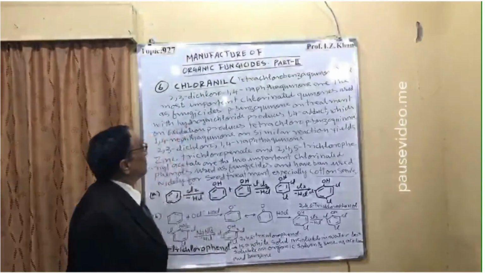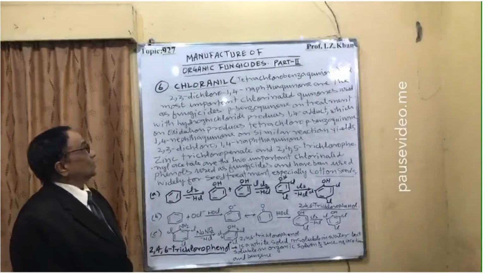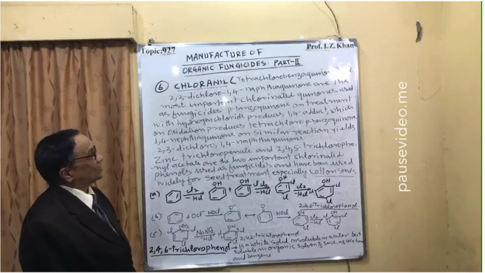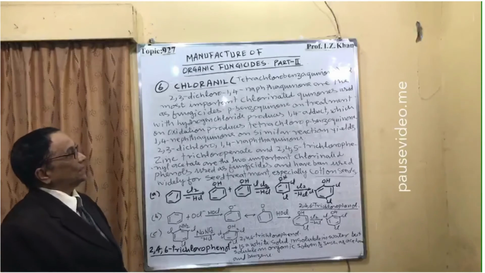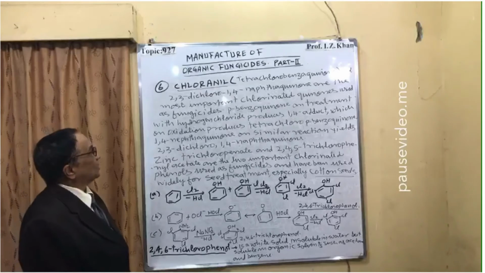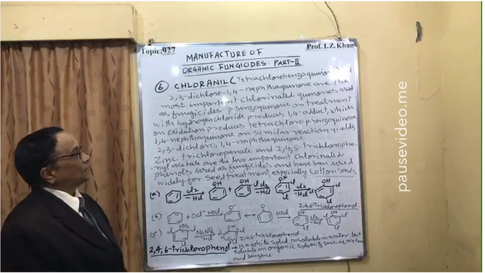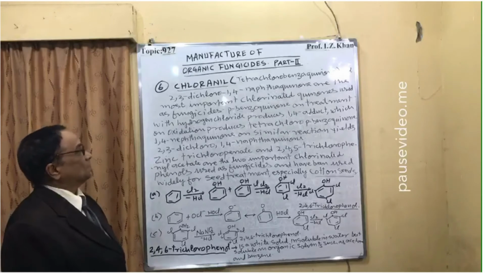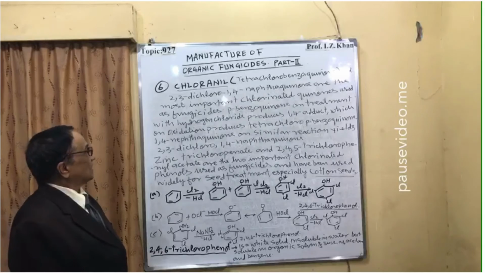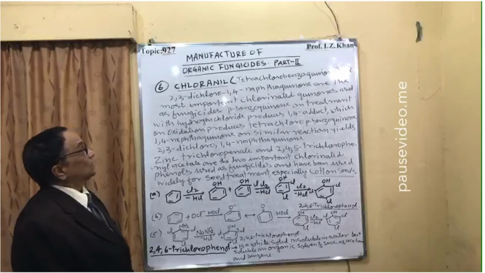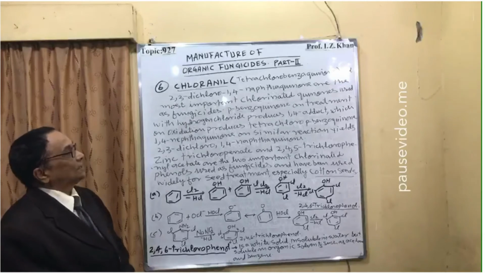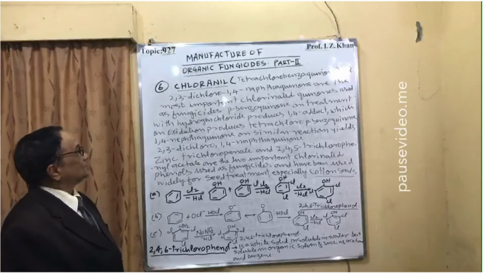So here number 6 is chloranil, commonly known as chloranil, and it is actually tetrachlorobenzoquinone, and 2,3-dichloro-1,4-naphthoquinone. These are the most important chlorinated quinones used as fungicides, and they are actually chlorinated derivatives of quinones.